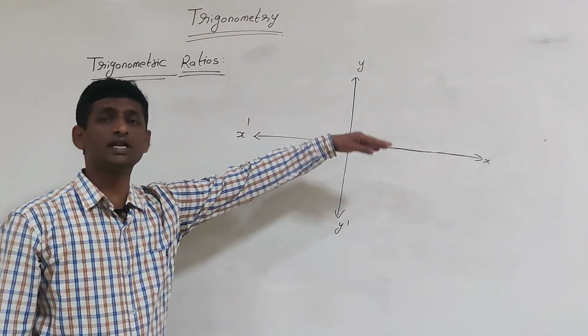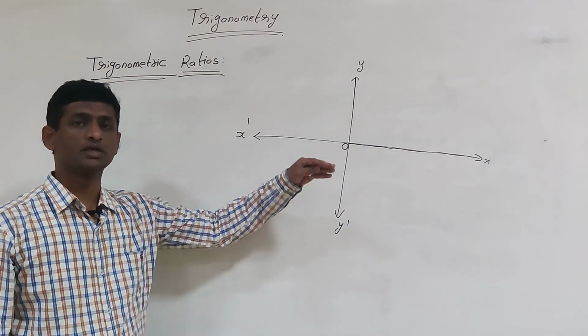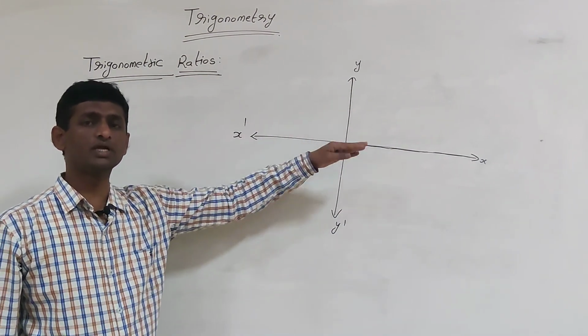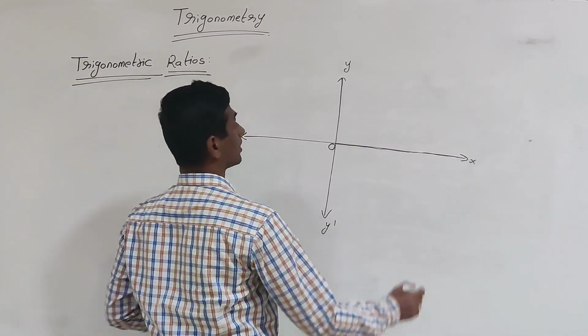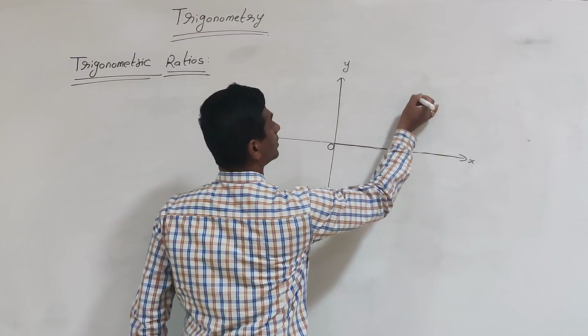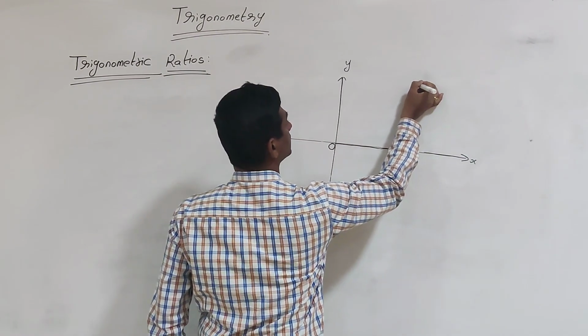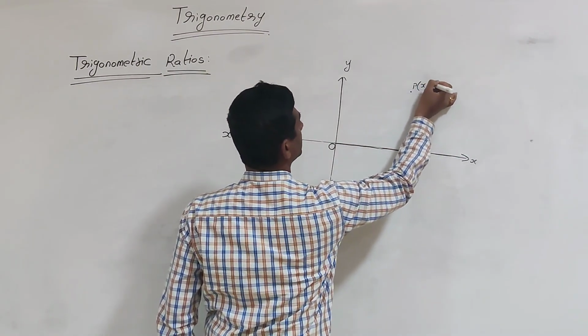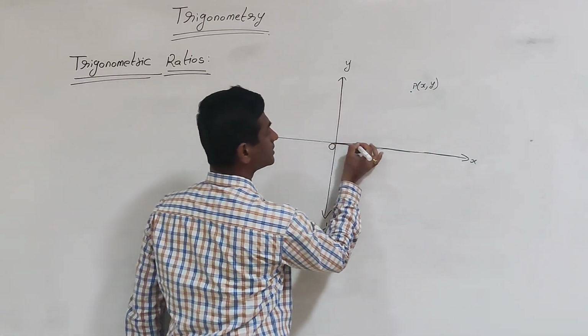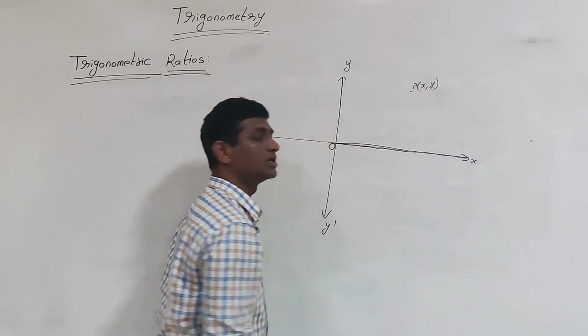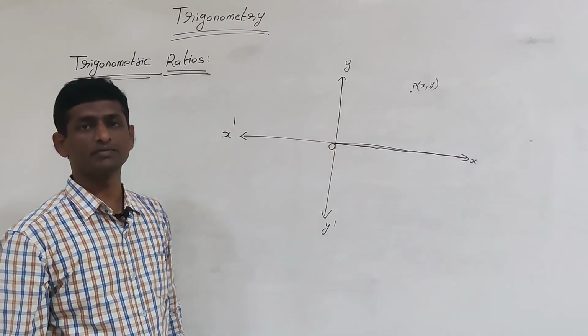Now in trigonometry we will be going for radian measure, that is, circular measure. Suppose there is a point P, x comma y, in a plane, and OX is our standard initial ray.